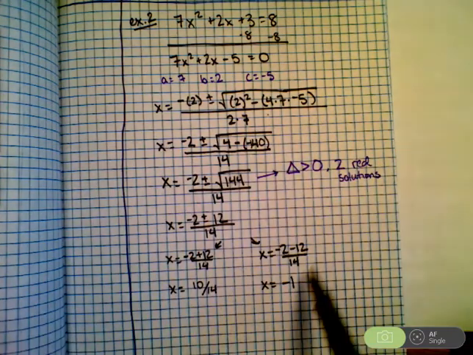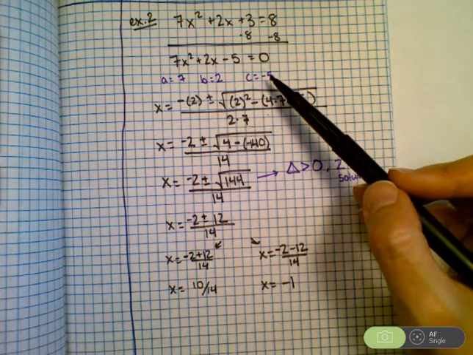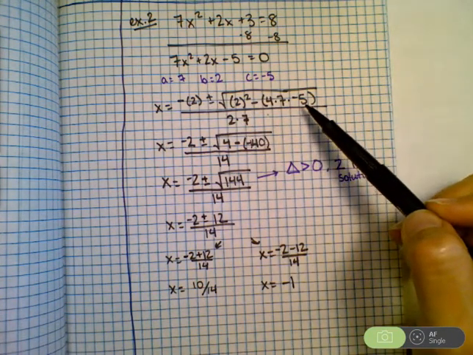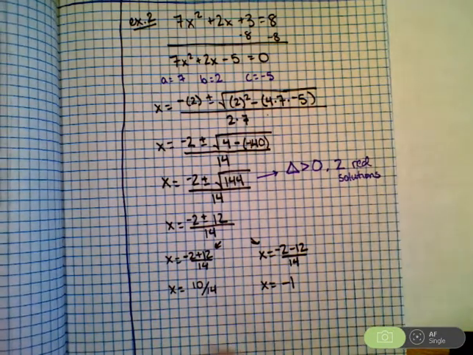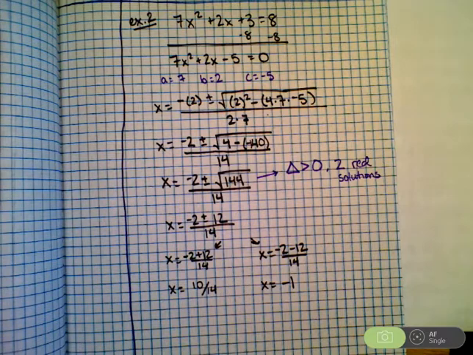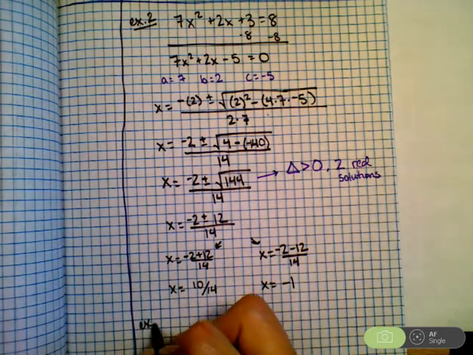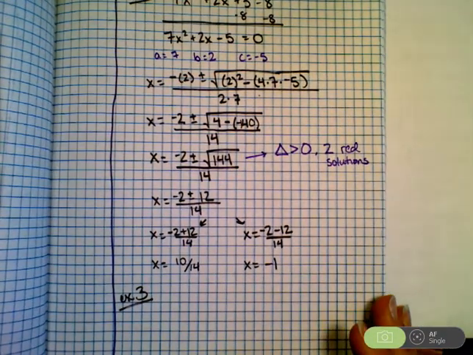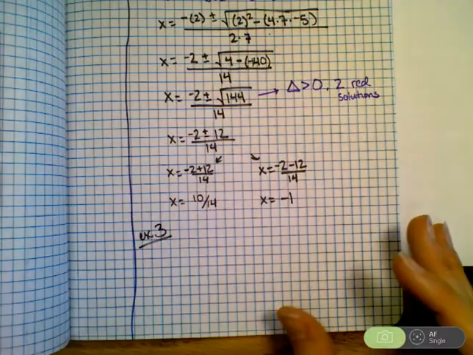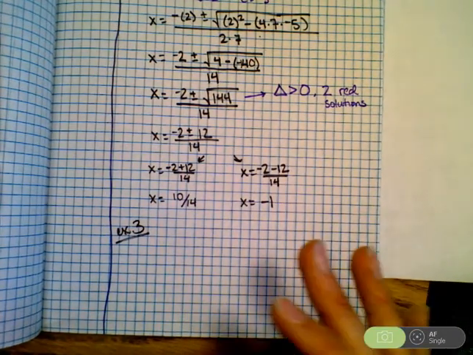Again, we're just going through the motions, plugging in, finding A, B, and C, plugging them into the formula, chugging through the arithmetic. My suggestion actually for example 3, I'm going to make it a forced suggestion. Example 3, I'm going to write down. I'm going to have you pause the video and take a few minutes to try to solve it yourself, and then come back and see the solution.